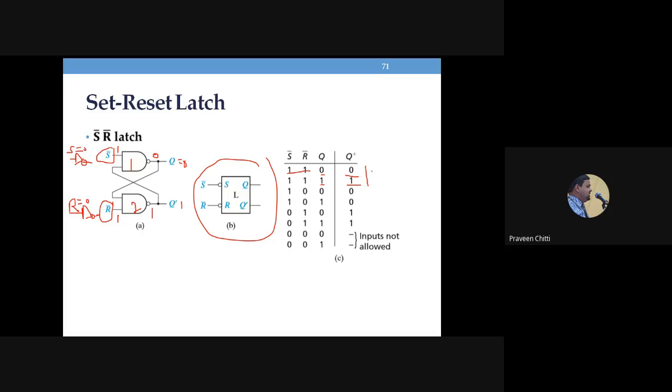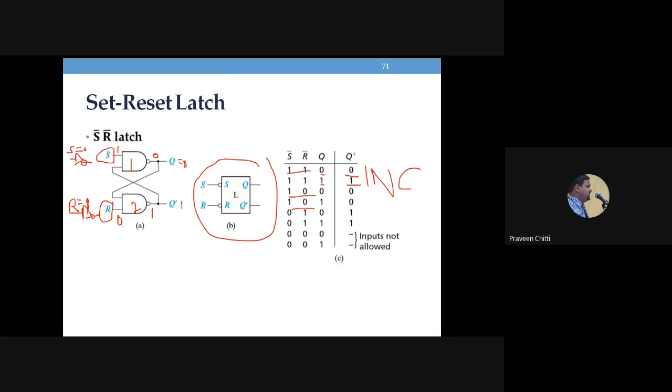So this state is also called the no change state. That is when S bar equal to 1 and R bar equal to 1, or in turn S equal to 0, R equal to 0. Now if you give S equal to 0, R equal to 1, S bar is 1 and R bar will be 0. Now what happens in this case?